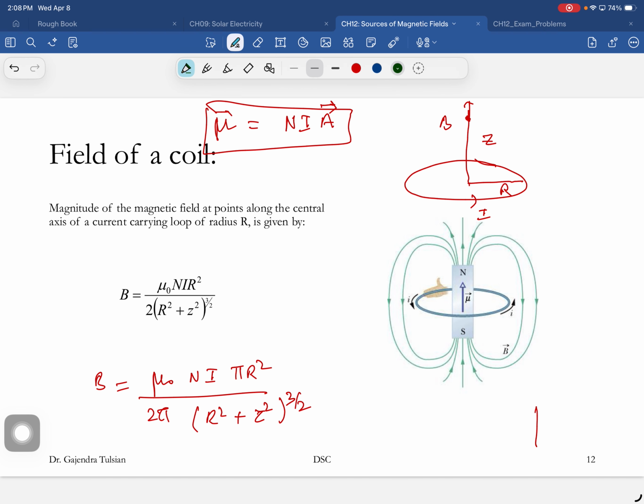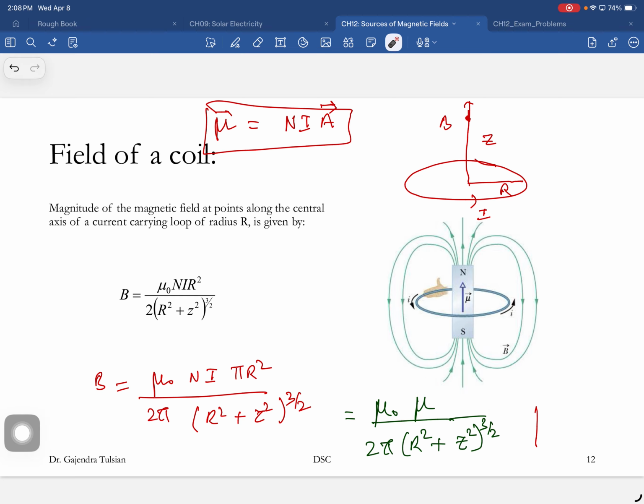What is the magnetic field at the midpoint of the common axes, if a current I flows in the same direction through each coil? So I is flowing through there.